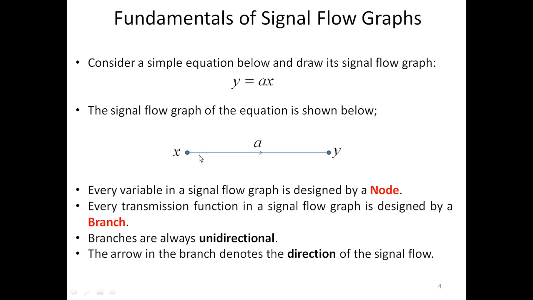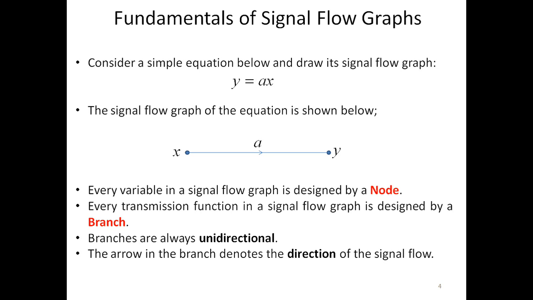So we first draw the x node and the y node. y is the output, so we just join these two nodes and put an arrow from x to y. x is the input and y is the output, but y is equal to a into x, so we multiply a with x. This is the simple graphical representation, or signal flow graph, of the given equation.